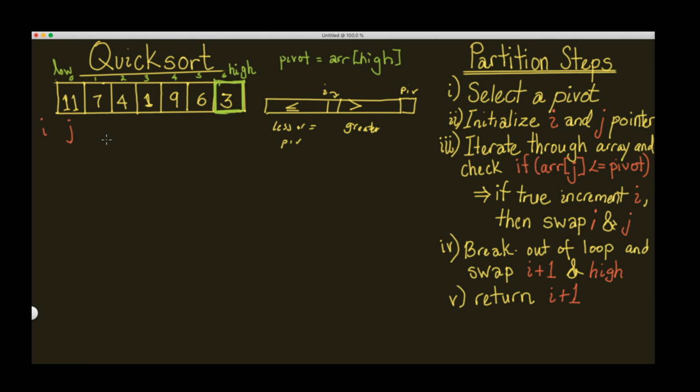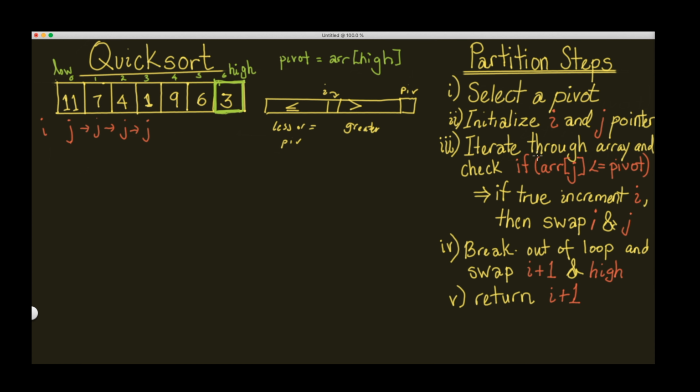So we're going to keep iterating. j is going to go to the 7, and we check that condition, and that's not true. So we iterate to the 4. Again, we check that condition and it's not true. Then we iterate to the 1, which is in the third index, right? So we see that 1 is less than or equal to the pivot.